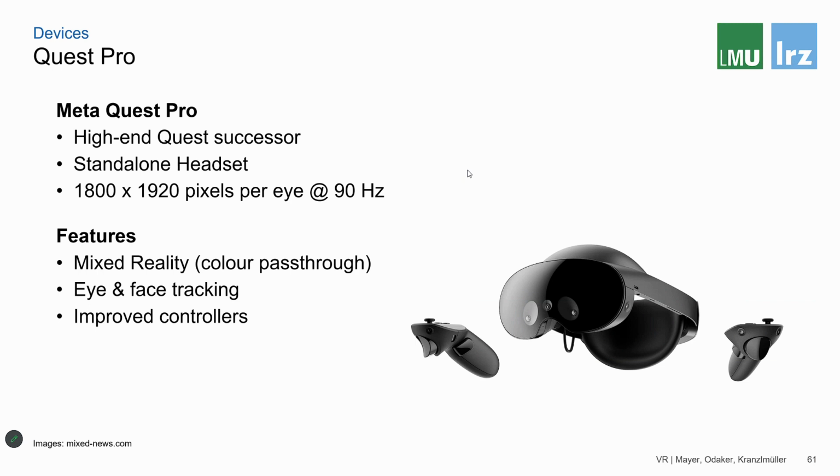Now, since we are talking about Meta devices, a quick word about accounts. In the beginning, when Facebook bought Oculus, you could continue using your devices with an Oculus account. They then added the Facebook account. So you needed to link your Meta device to a Facebook account, which was a big problem for some people.